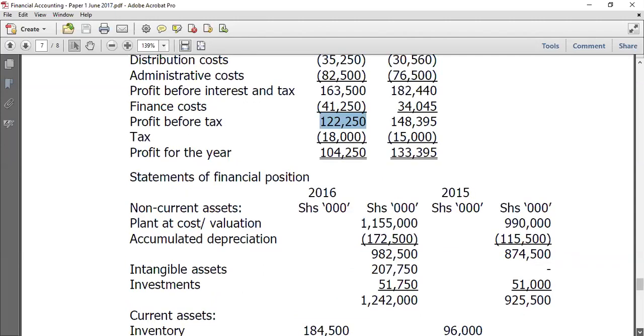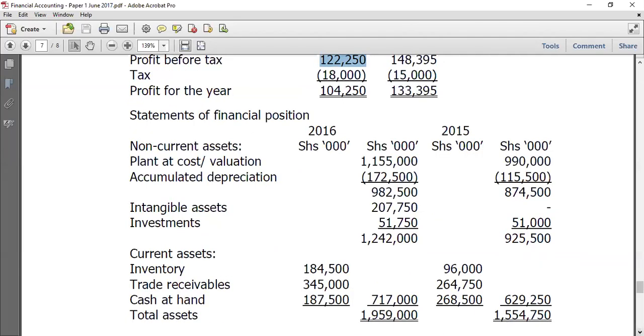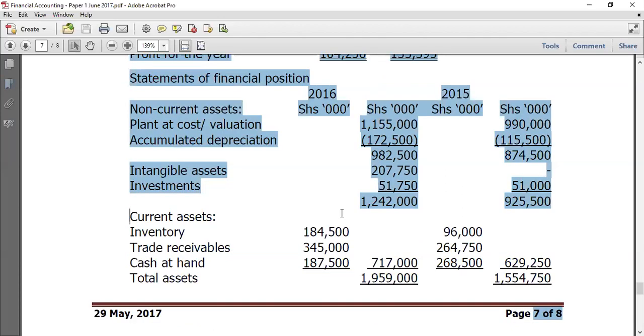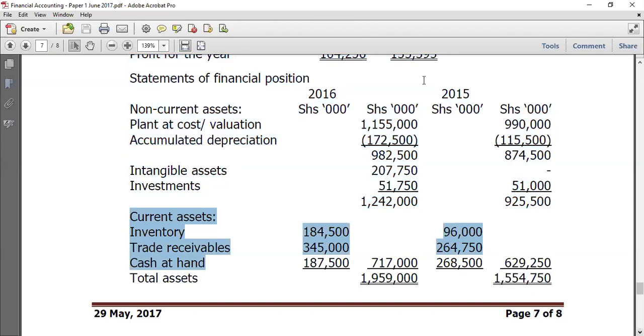Now, what I want to demonstrate is the changes in working capital. So I believe you've appreciated that when I speak about working capital, I'm actually speaking about current assets and current liabilities. So this is 2016, okay? This is 2016 and then this is 2015, okay? So when I say changes in working capital, what I'm basically trying to mean is this was the inventory you started with. You started with 96,000, okay?